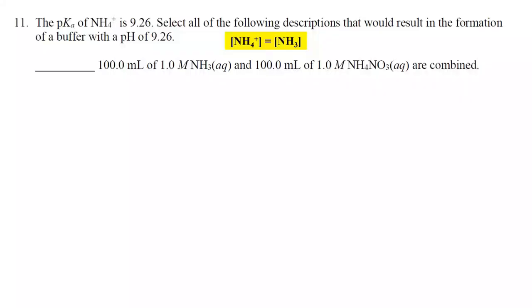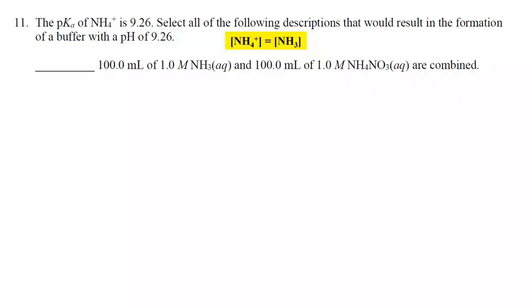So we have 6 descriptions. We'll analyze each description one at a time, and we'll see if it results in a solution in which the concentration of NH4+ is equal to the concentration of NH3. In our first description, we have 100 milliliters of 1 molar ammonia combined with 100 milliliters of 1 molar ammonium nitrate.